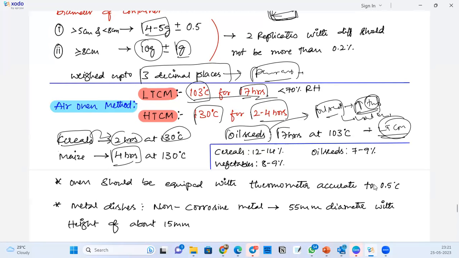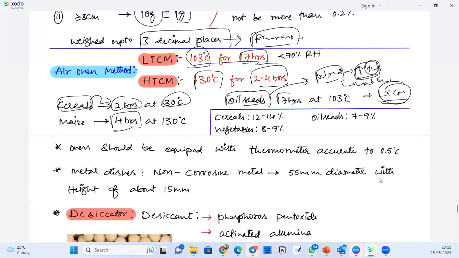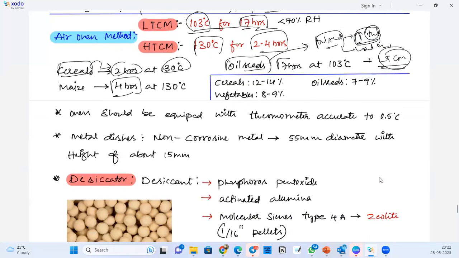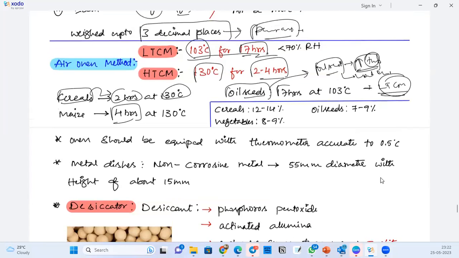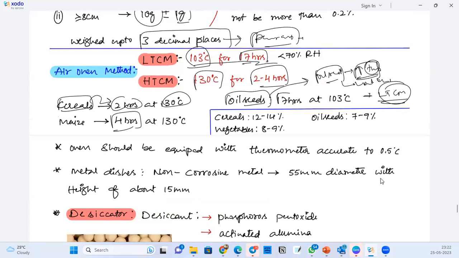Please tell about the pearl millet. So what should I tell about the pearl millet? Like which method is employed? You're asking which hot air oven method we use for pearl millet. Temperature: whether it is high temperature or low temperature.